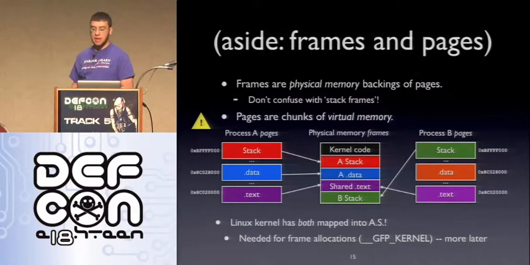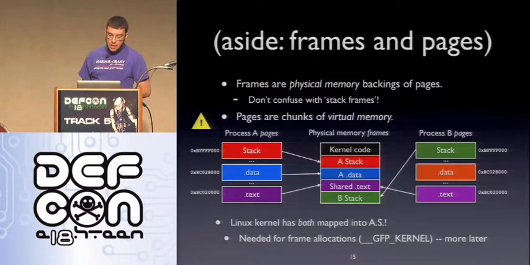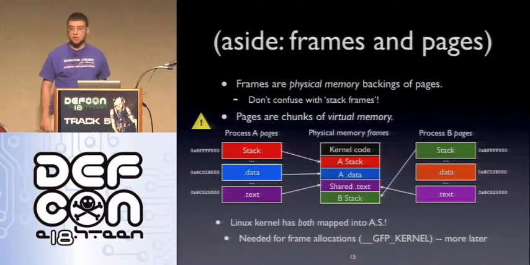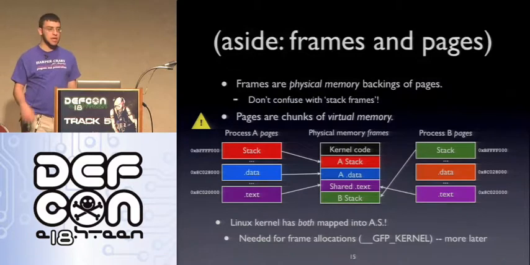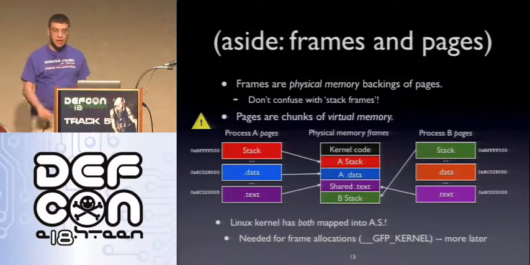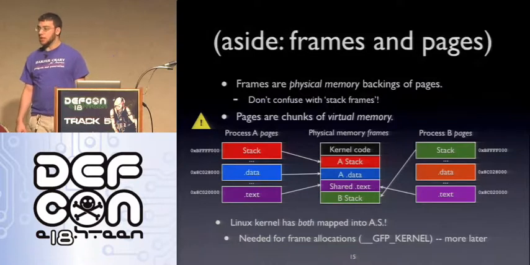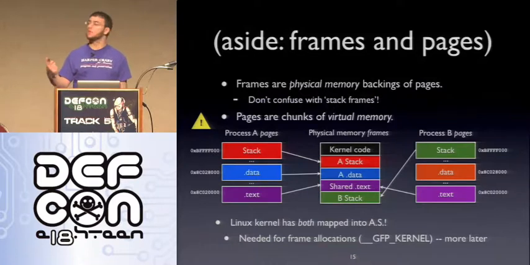And this is to make context switches faster, blah, blah, blah. Take an OS course, right? But the upshot of this anyway is that you need user memory to be accessible if you want to do things like read, write, ioctl. And you need kernel memory accessible if you want to do frame allocations, to get a DMA buffer for the hard drive, for instance.